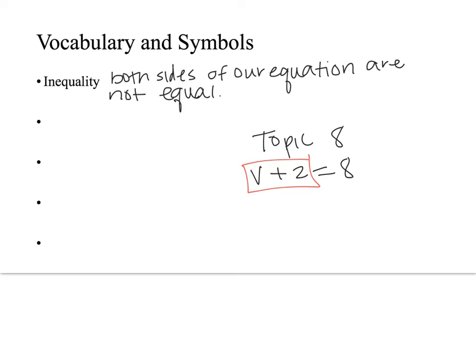To solve that, we subtracted 2 from both sides. These canceled, and that left me with v equals 6. So I knew that v had to equal 6 because I knew my equation had to be equal to 8.